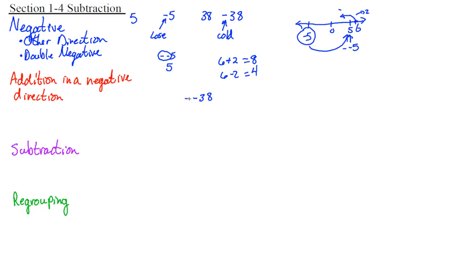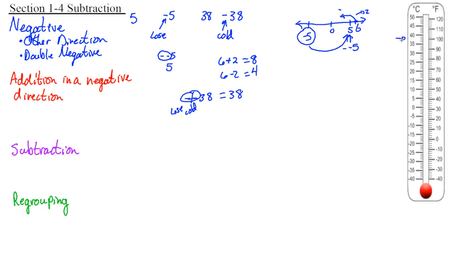If you lose cold of 38 degrees, now put these two together, losing cold, just like losing debt, they undo each other. If you lose cold, that means you, bing, got warmer. Let's bring up a thermometer right in there. And so negative 38 degrees looks like right about there. If you lose cold of 38 degrees, that means you're back up in the positive direction.